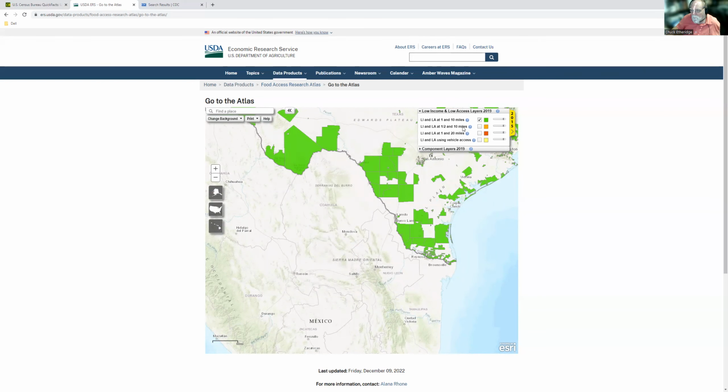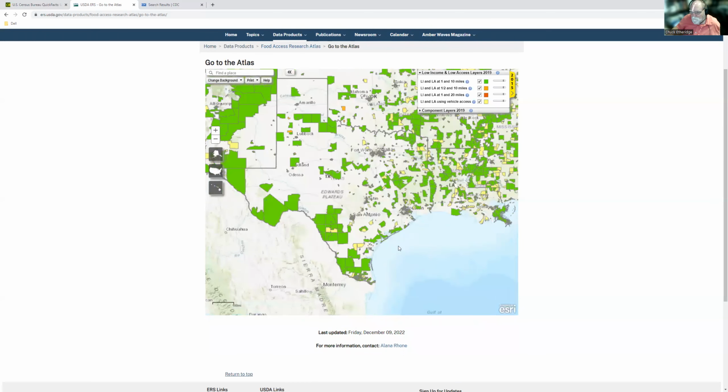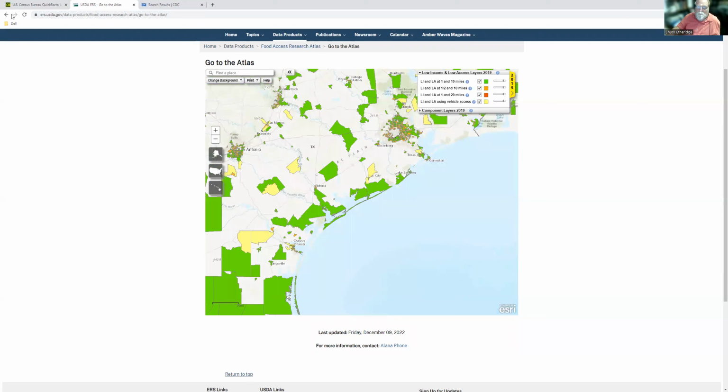And then we add these other things, low income and low access of more than 10 miles, more than 20 miles, low income using vehicle access and things like that. And so what forms is a picture of an area where there's not a lot of access to food. So think about terms like food insecurity, food deserts, lack of access.